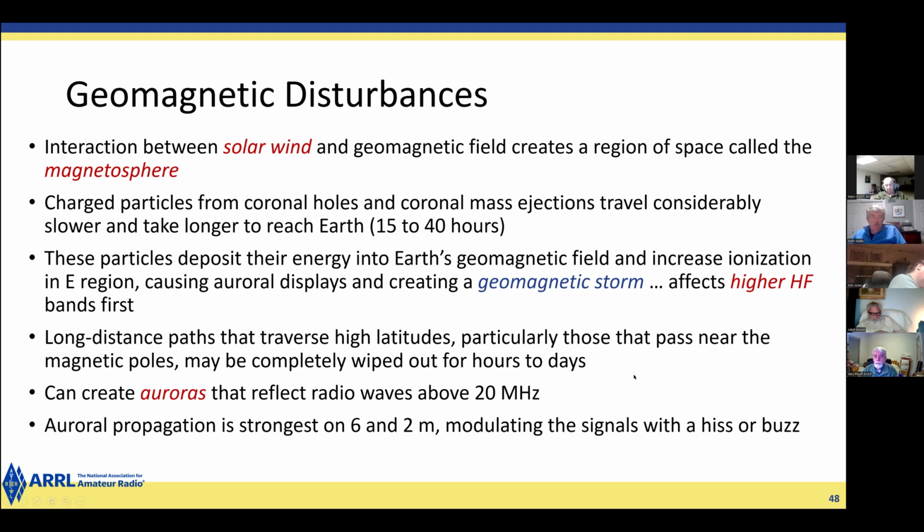However, in the VHF bands, sometimes you can get propagation signals bouncing off auroras because they're charged particles. If they're energetic enough, the particles that comprise the aurora act the same way as the ionosphere does for lower frequencies.